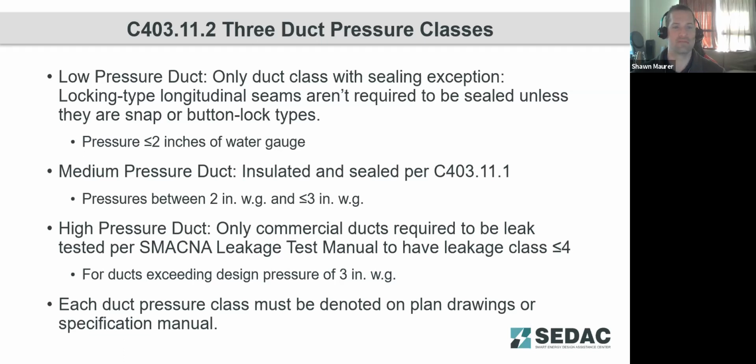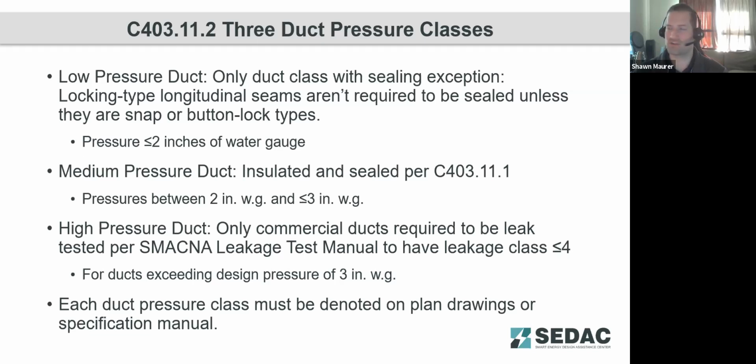There are some types of transverse joints, or sorry, longitudinal joints, ones that kind of run long ways down the ductwork, not ones that cut across the ductwork. As long as those are not snap or button lock type seams, those joints are not required to be sealed. The seam that's usually used on those is usually an S-clamp of some sort, is considered to be tight enough at that lower pressure to not be a significant leakage point.